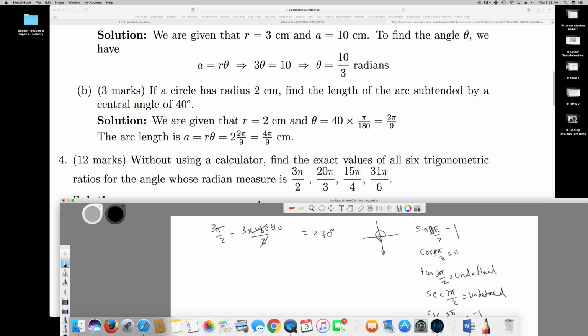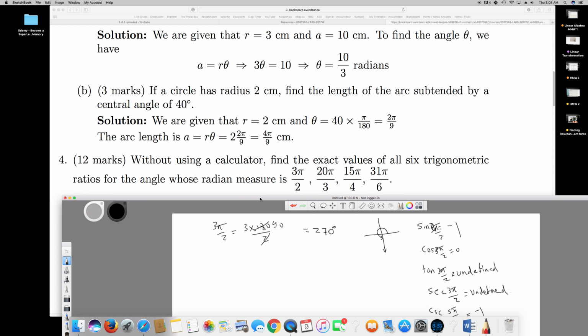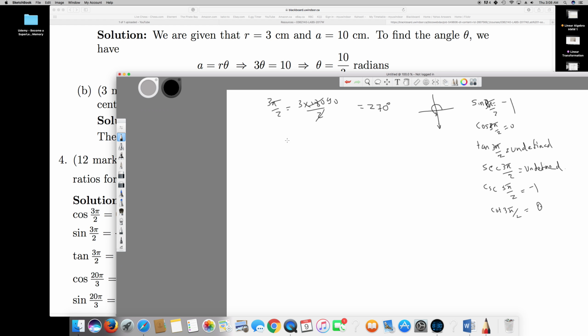Let's do the second one. The second one is given 25π/3. 25π/3 is equal to 25 times 180 over 3. So 3 times 60, 60 times 20.